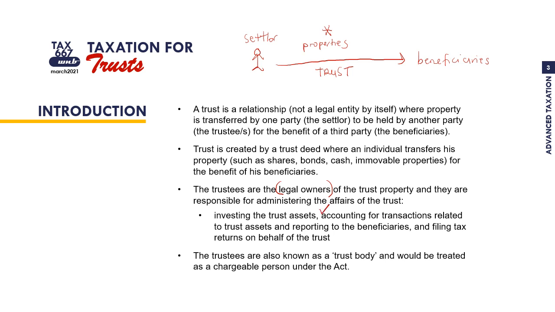He needs to account for transactions related to trust asset and report all the transactions to the beneficiary. The trustees also need to be accountable to file tax return on behalf of the trust. And for tax purposes, the trustees would be treated as a chargeable person under the Act.